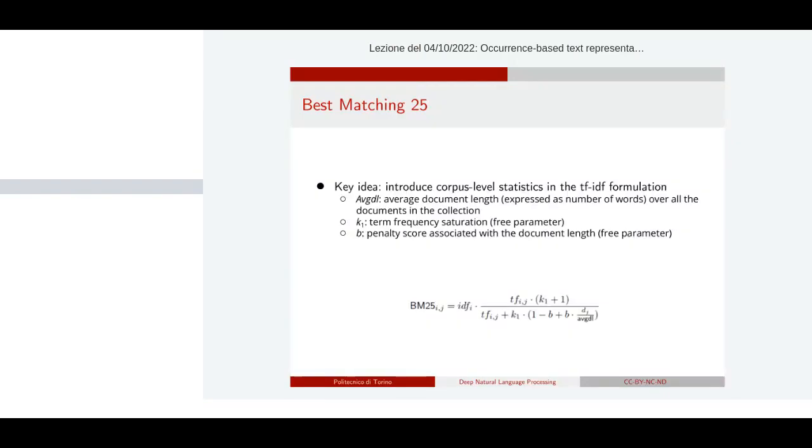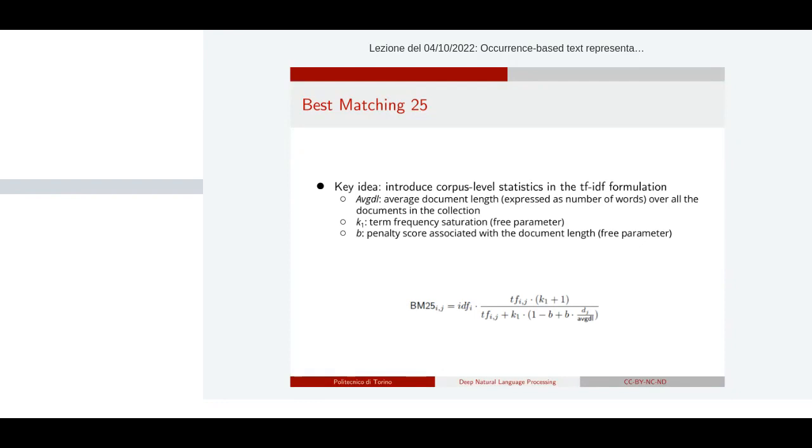In a nutshell, we have this formula, which looks complicated, but it's actually a generalization of the previous one, where you also have this term called average DL, which means average document length, the length of the documents in terms of number of words, over all the documents.